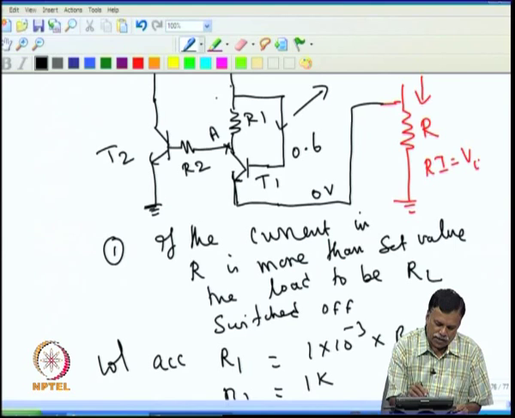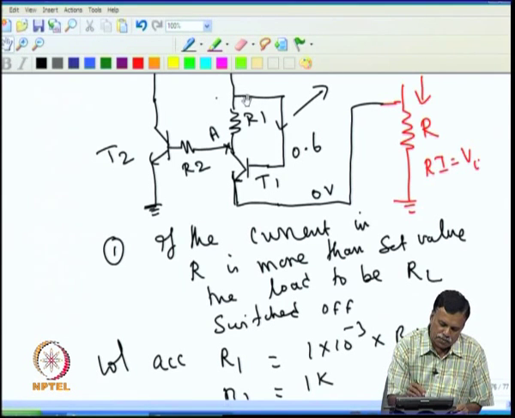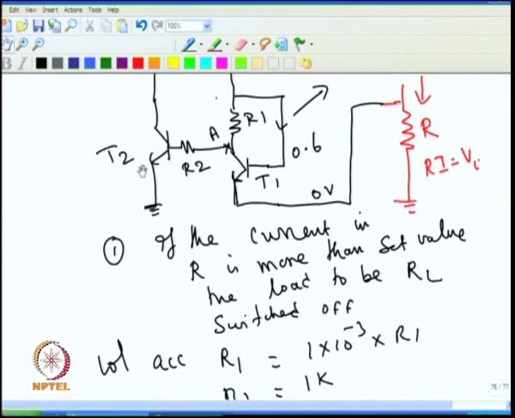In effect, the current that is coming goes through this, and this current is small compared to this current. So, if this voltage is at 0.6, A is going to be less than 0.6, and the transistor will not be on. That means at 0 volt the transistor will not be on.